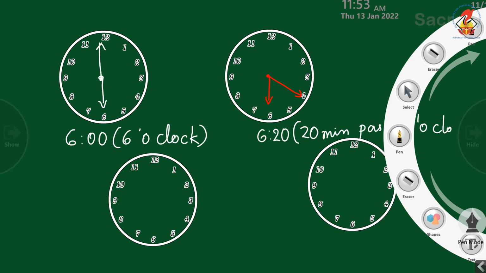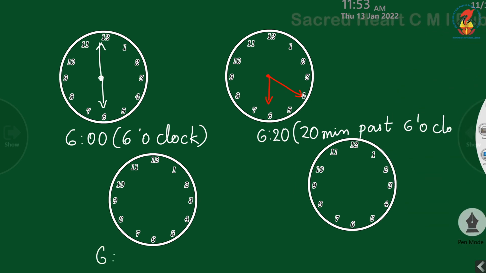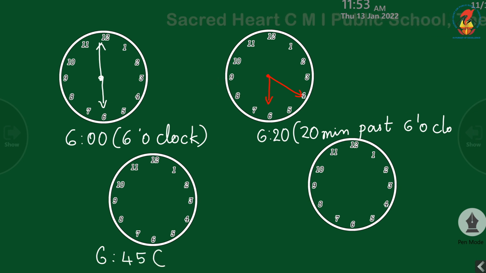The next clock we draw is 6:45. Another way to say it is quarter to 7 o'clock. Here, quarter to the next hour. After 6, what is the next hour? It's 7.